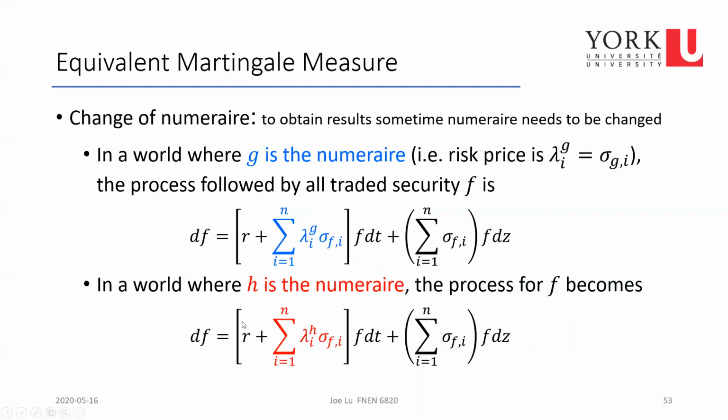Now you move from this martingale world to this martingale world here. So by changing the drift, you have created a new process for your asset F such that under which F divided by G, sorry, in this case, F divided by H is a martingale.